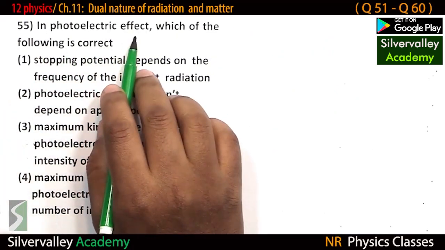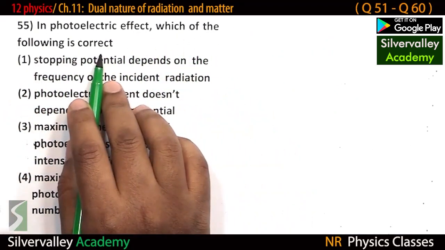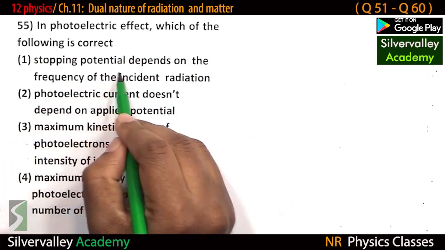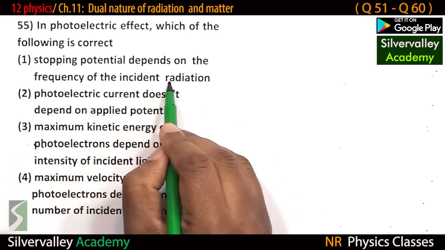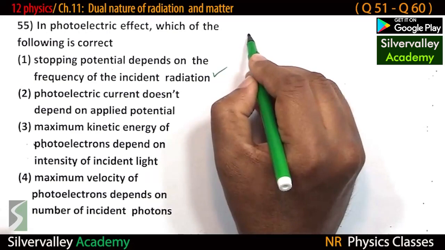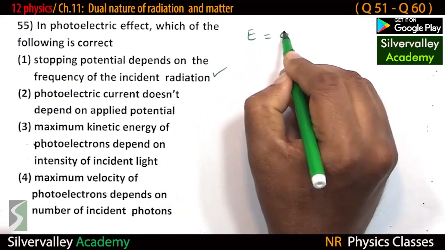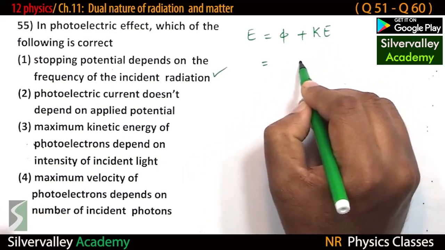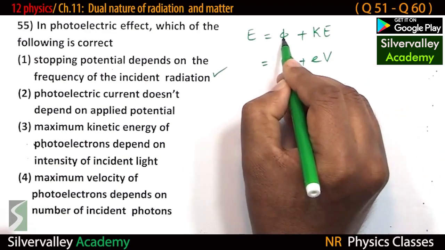In photoelectric effect, which of the following is correct? So we have to check all of them. Stopping potential depends on the frequency of incident radiation. Yes, this is correct. E equal to work function plus kinetic energy. Kinetic energy has stopping potential.